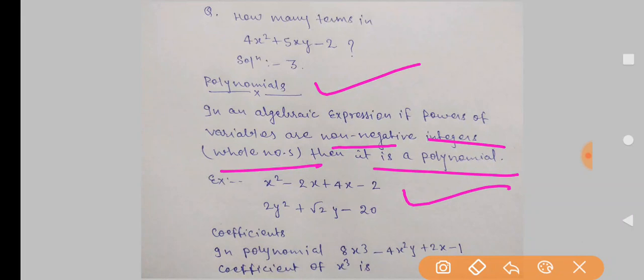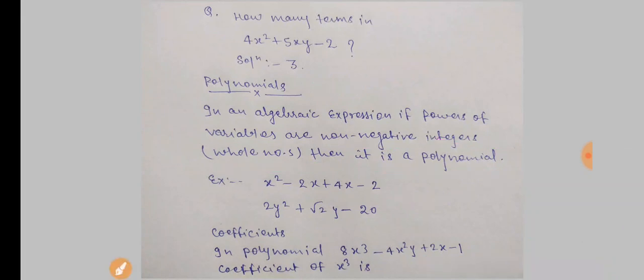Okay. Now coefficient. What is coefficient? Coefficients are multiplied with variables. Here in the polynomial 8x cube minus 4x square y plus 2x minus 1, in 8x cube, 8 is the coefficient and that is a constant.